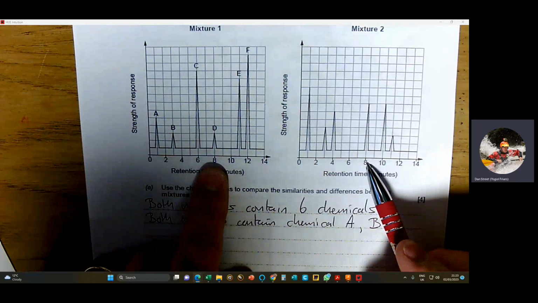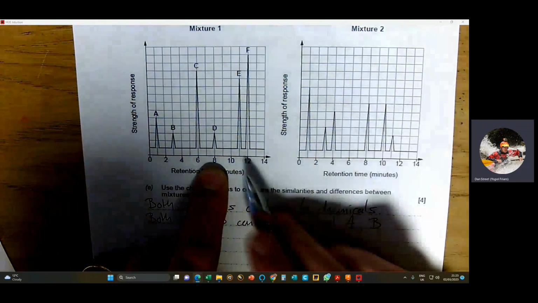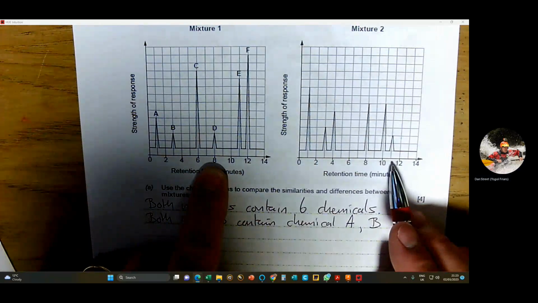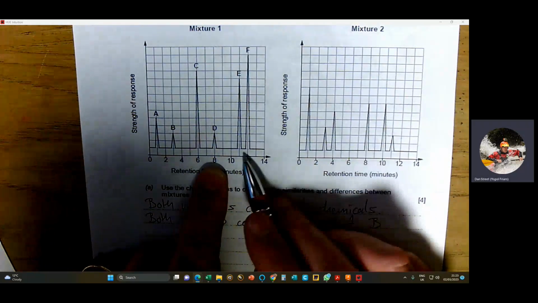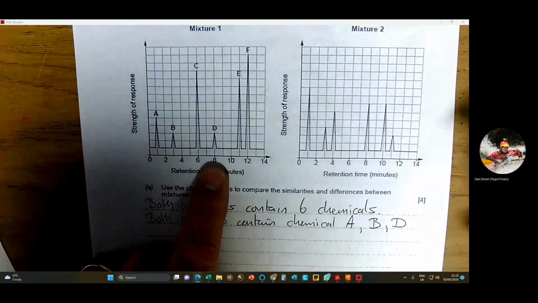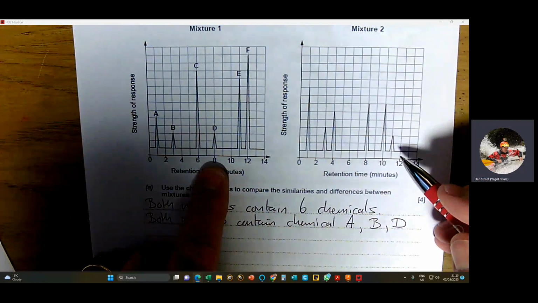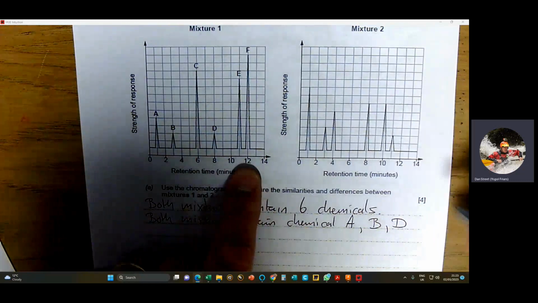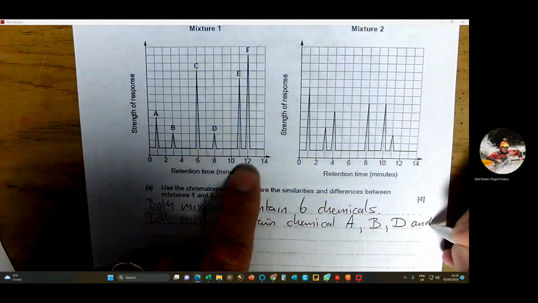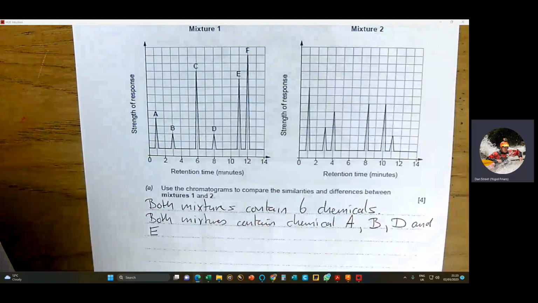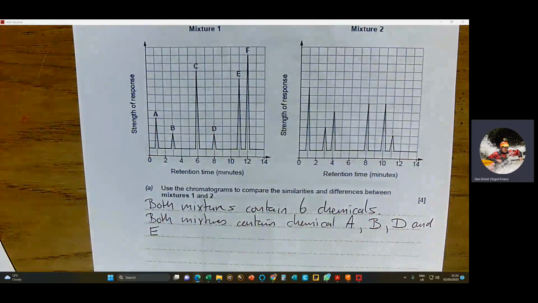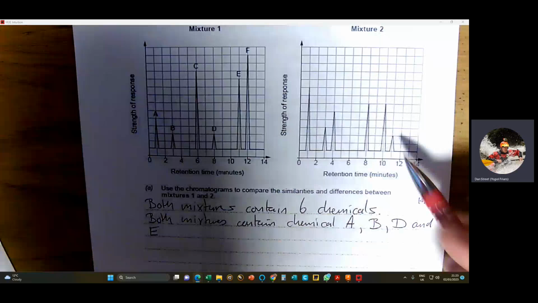There's a peak at 8 seconds, and again, there's a peak at 8 seconds there. If we double check, there's one at 11. The one at 11 is E, so we can have D and E. And there's one at 12, but not one at 12 here. So both mixtures contain A, B, D, and E. Those are, I think, the similarities.